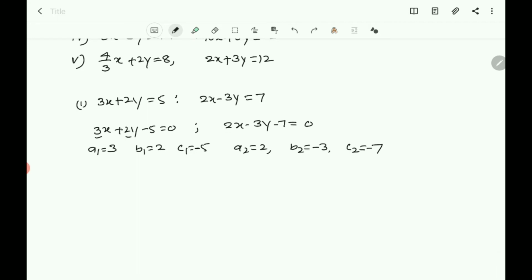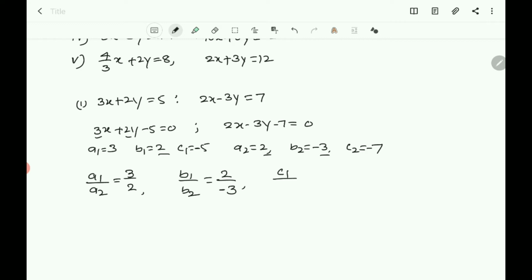Now find the ratio a1 by a2. a1 by a2 is 3 by 2. Next b1 by b2, b1 is 2, b2 is minus 3, that is 2 by minus 3.